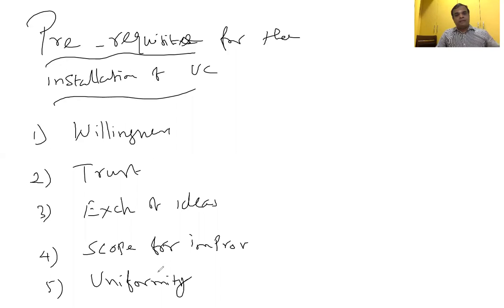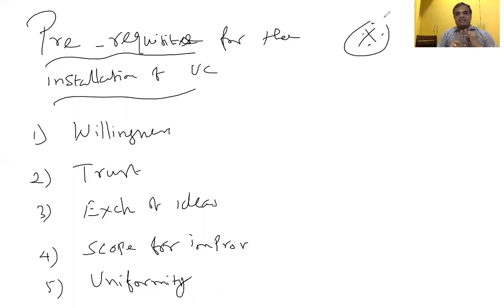So these are the 5 prerequisites with respect to installation of uniform costing. 6 objectives are there and 5 prerequisites are there. Both the questions are equally important, whereas the prerequisites are the most important, very frequently asked question.